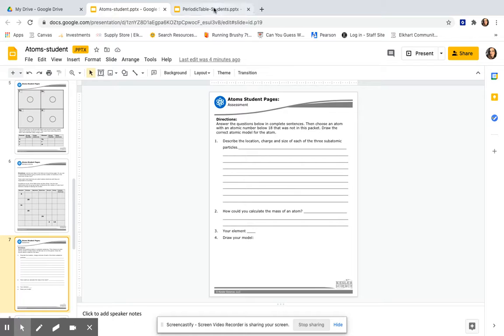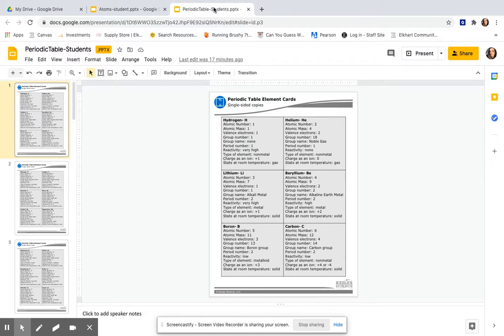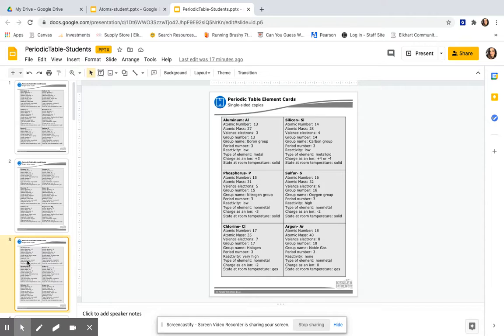Now, we're going to move on to your periodic table card of elements. This is just information that you can use to reference for your atoms lab as well as for your periodic table assignment.